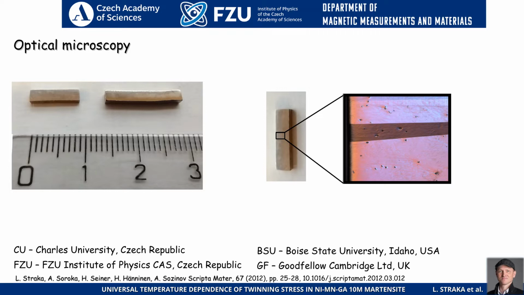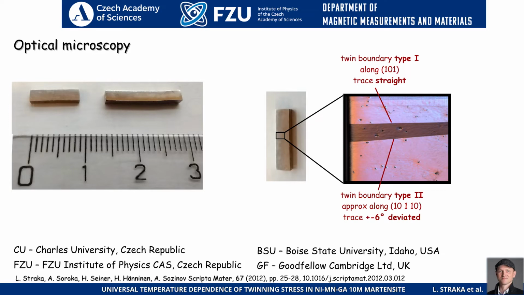And this is a quite typical figure which we can see here, with traces of twin boundaries, and some traces are straight along exactly the 101 crystallographic direction, or on the face along the 100 edge.